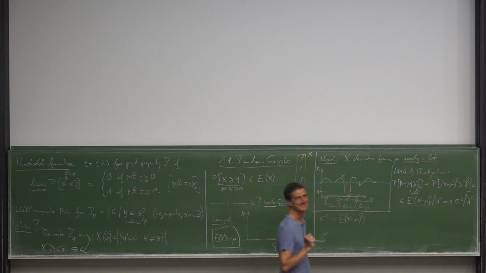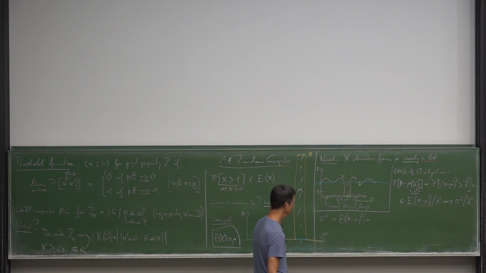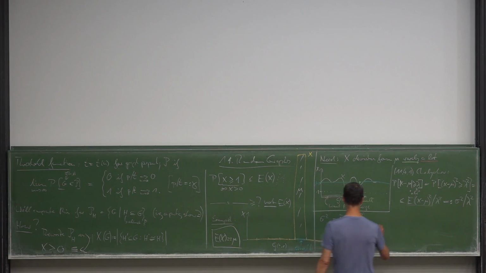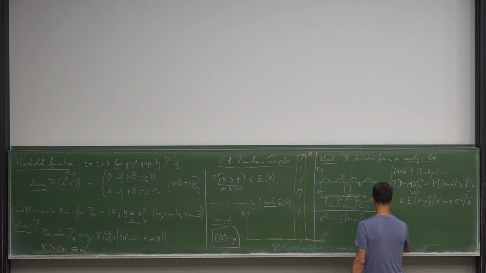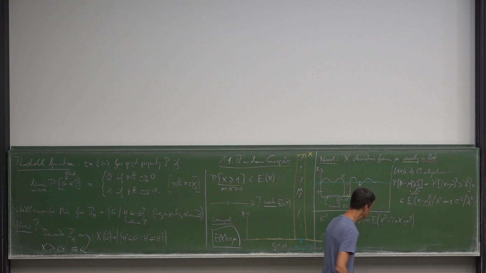Okay. Right. Now let's just work it out. Let's just do the square. So that's the expectation of x squared minus 2 mu x plus mu squared. And now, the expectation being an integral is linear.